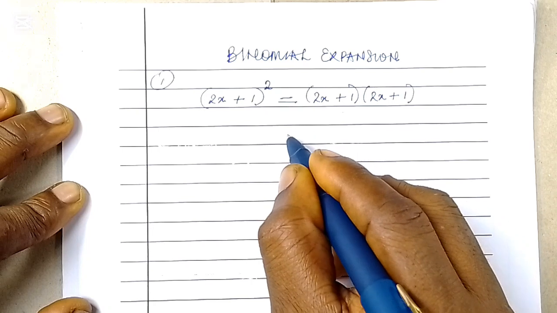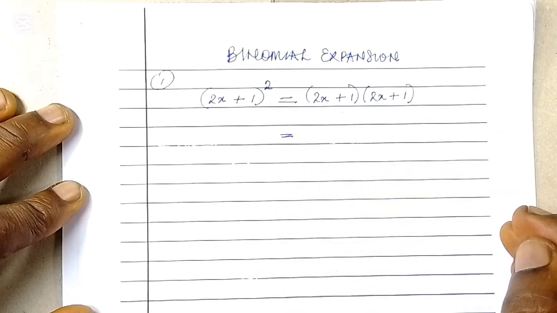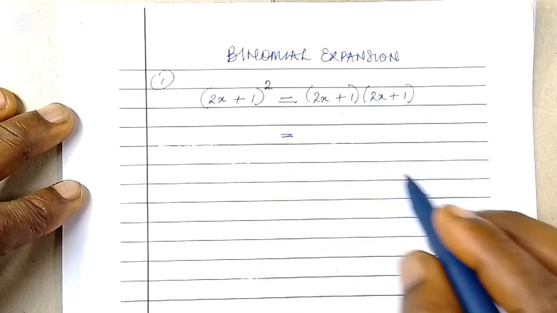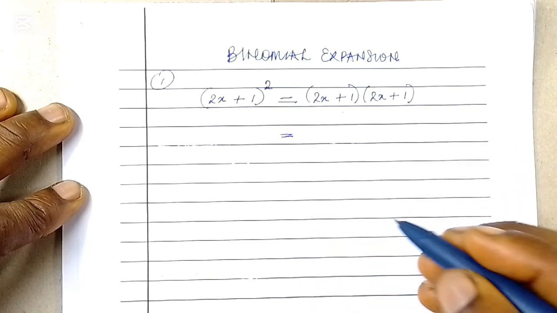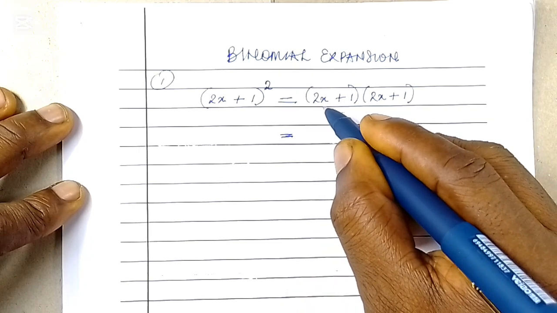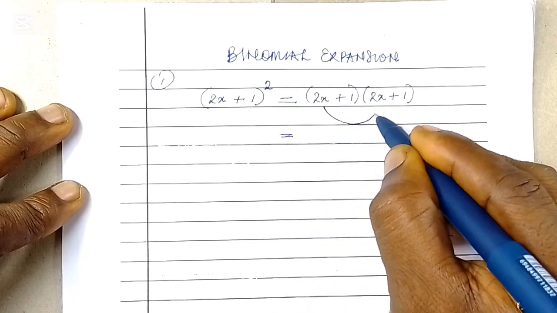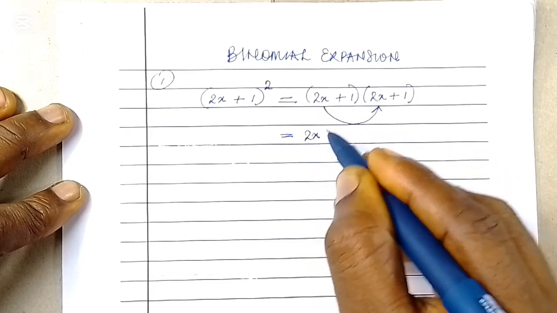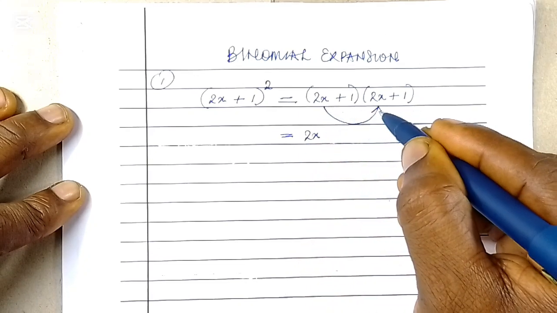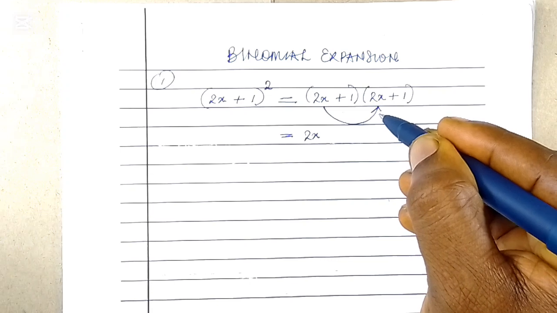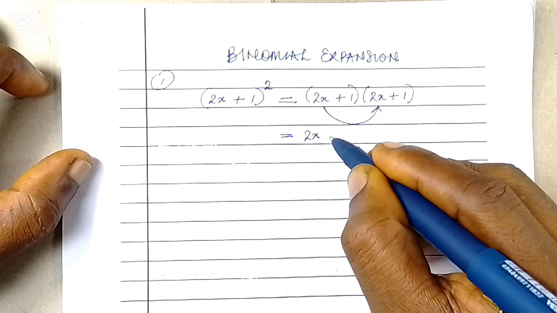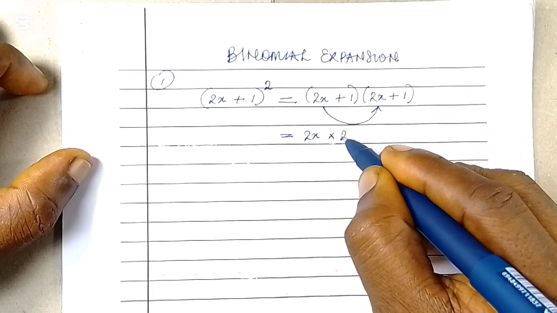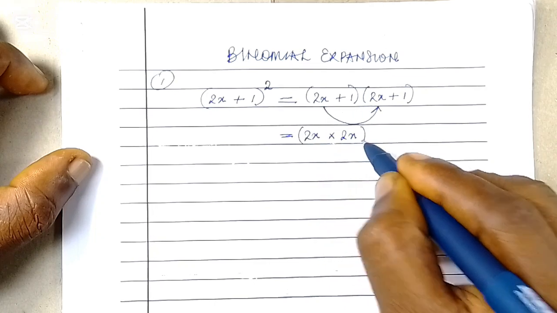Now, using the basic routine from indices or expansions in algebra, the first value in the first bracket will multiply the first value in the second bracket. So 2x would multiply 2x.